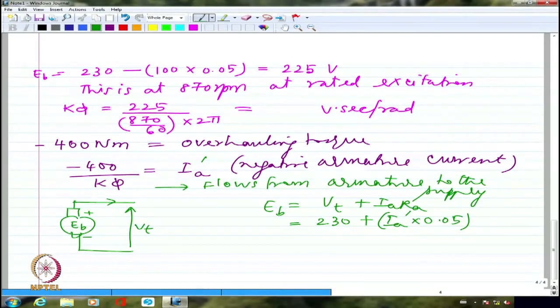I have connected it, let us say, to a fixed voltage battery. It cannot go beyond or above 230. Only because of that regenerative braking is taking place.